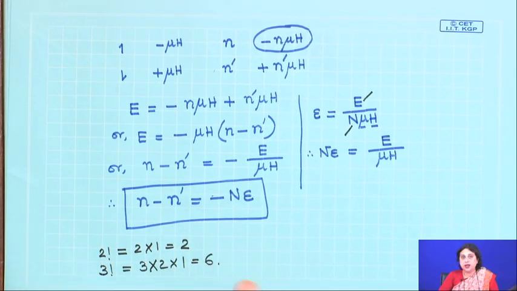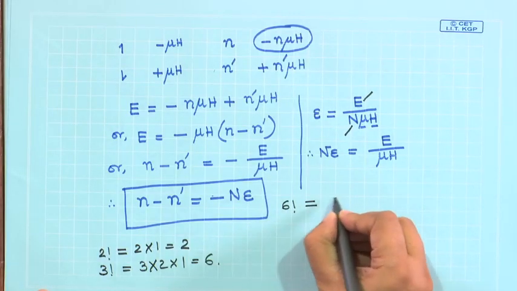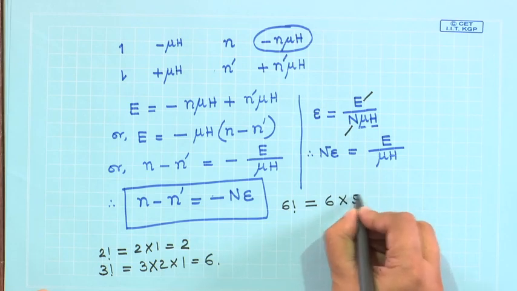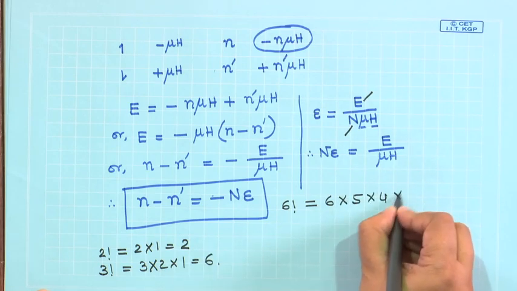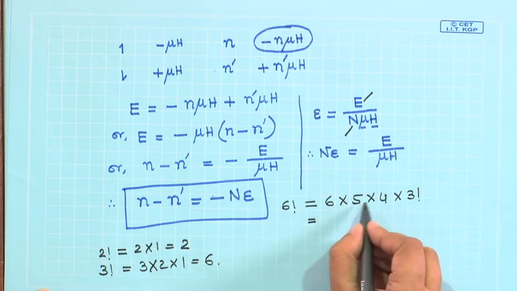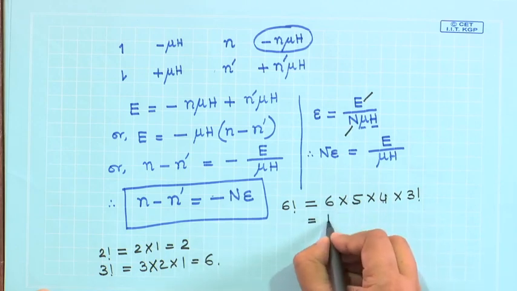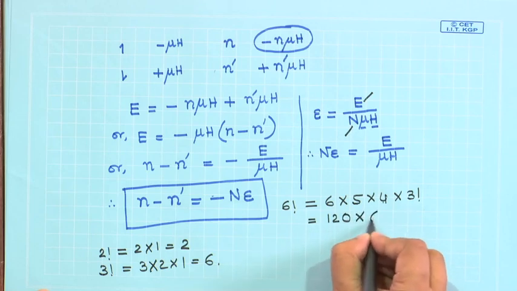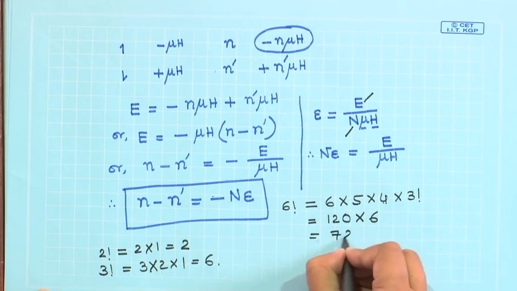This way, if you use your calculator, let us say what is factorial 6, 6 into 5 into 4 into factorial 3. So, what you have is 5 4s are 20. So, 120 multiplied by 6. So, that is equal to 720.